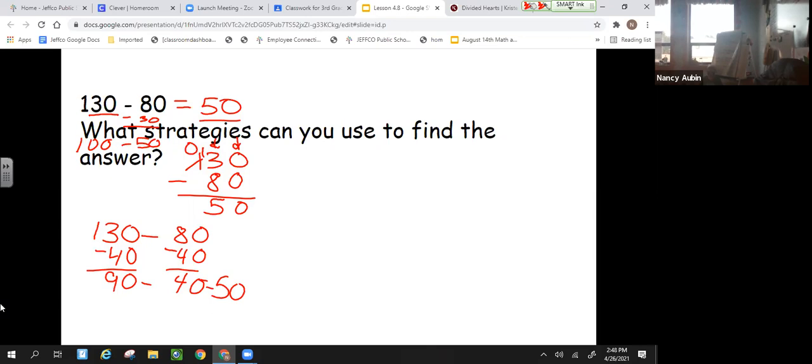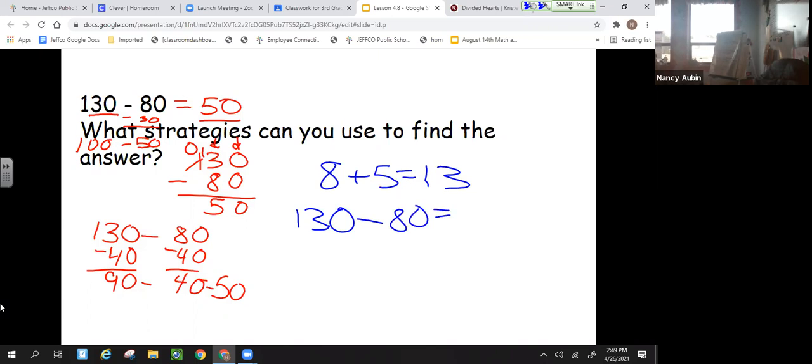8 plus 5 equals 13, and 13 is the first two digits. Okay, so Lila's saying she knows 8 plus 5 equals 13, and 13 is the first two digits in 130 when we're subtracting 80.